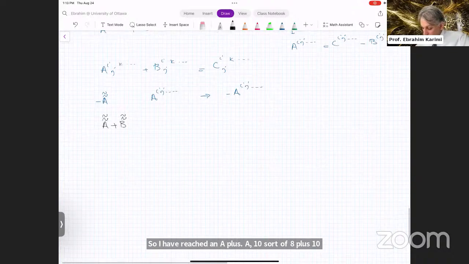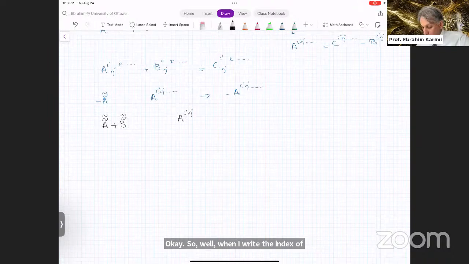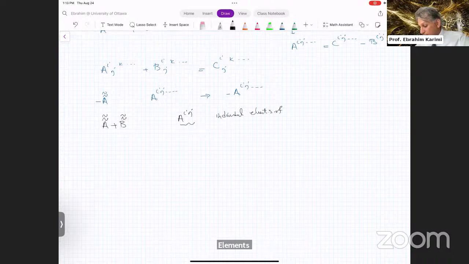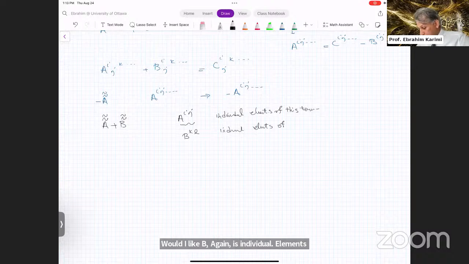When I write the index Ij, this means that I'm looking at individual elements of this tensor. When I write BKL, again it is individual elements of the B tensor.